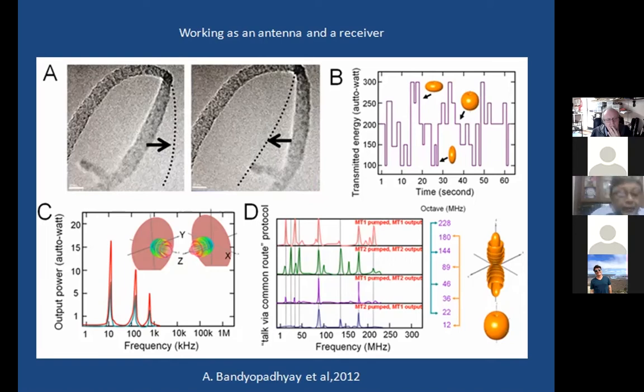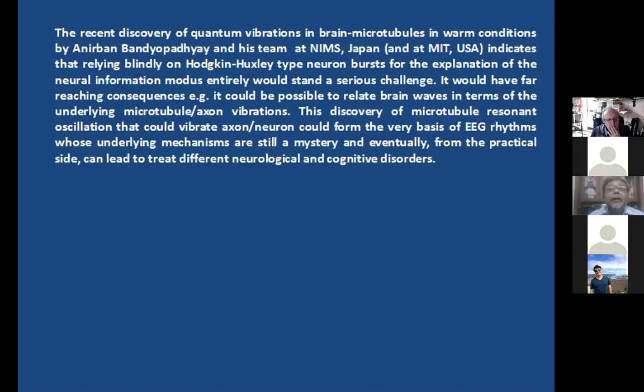The recent discovery of quantum vibrations in brain microtubules in warm conditions by Anirban Bandyopadhyay and his team at NIMS, Japan, and at Amity indicates that relying blindly on Hodgkin-Huxley type neuron bursts for the explanation of neural information models entirely would face a serious challenge. It would have far-reaching consequences.